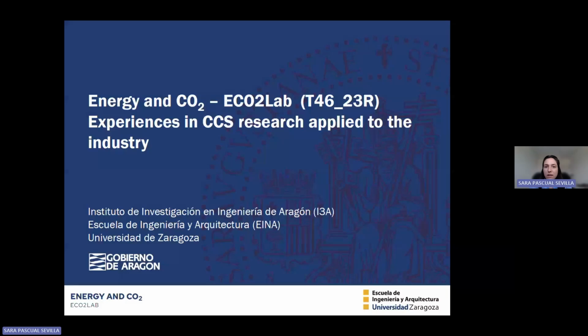First, I begin with this slide, to say that I am part of the research group Energy and CO2. This research group belongs to the Aragon Institute of Engineering Research, within the University of Zaragoza.